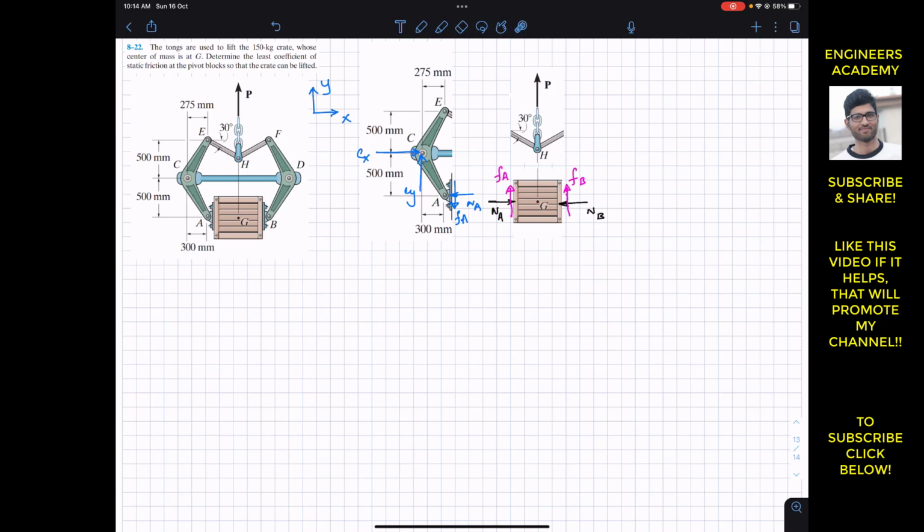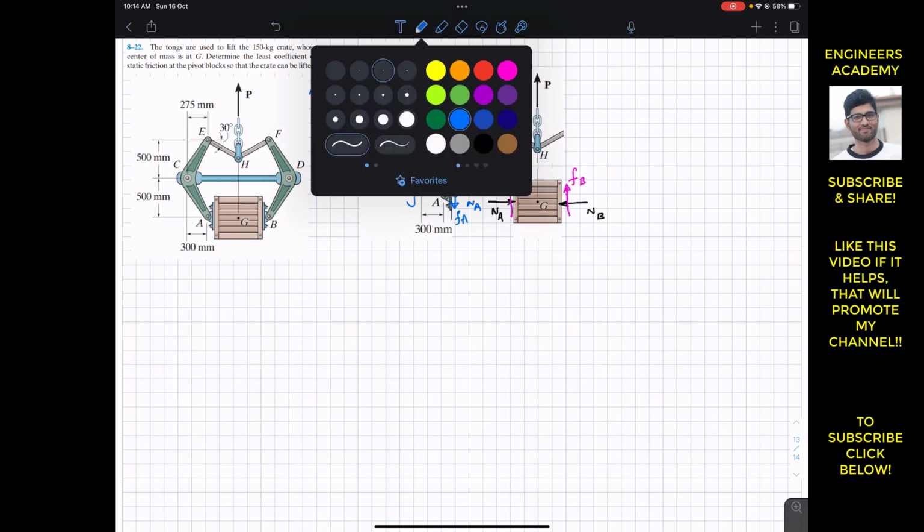Now in order to have the normal force on the crate in this direction, we need to have the force at point E in this direction in order to rotate this ACE arm like this. So in order to produce a counterclockwise movement, this HE arm is going to apply the force at point E in this direction.